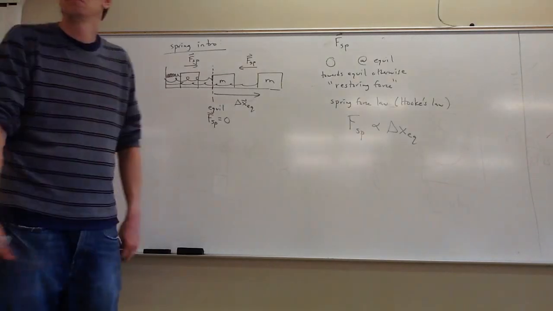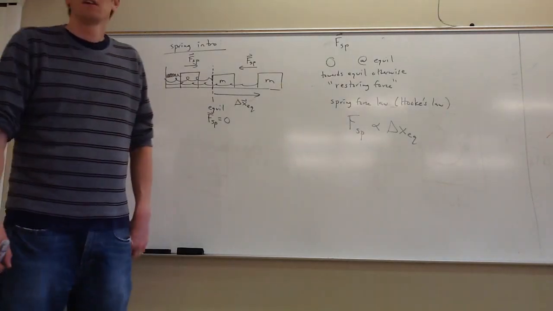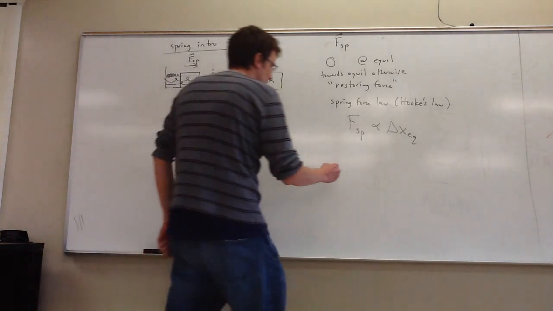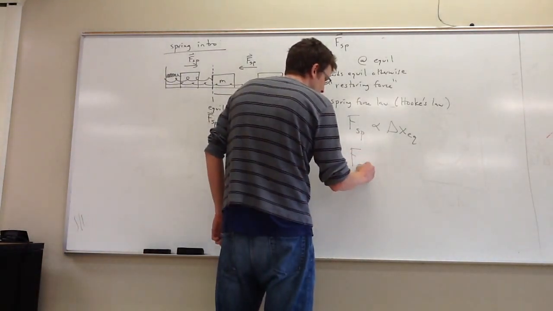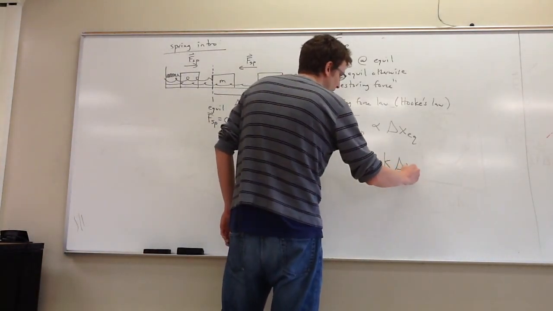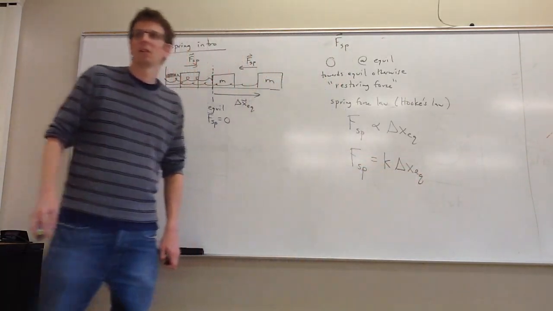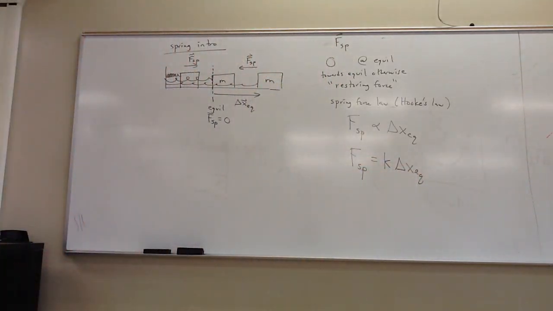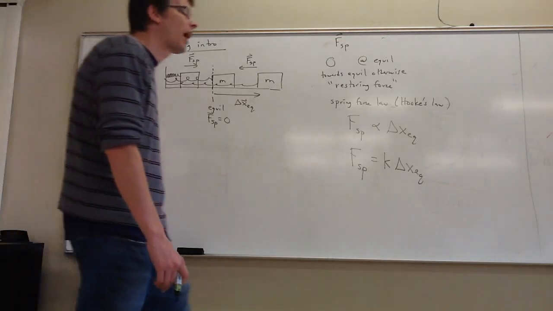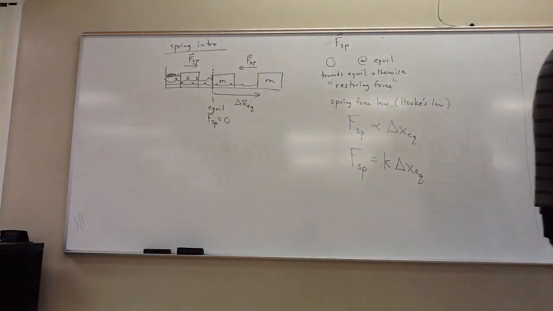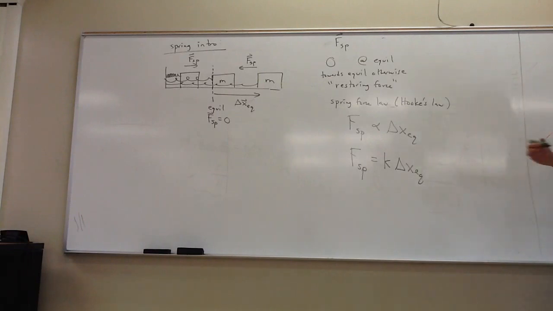And to complete the equation, we put in a variable k. And the k is what's meant to describe the fact that obviously not every spring is exactly identical. Okay, so k is called the spring constant. It's the "stiffness" of your spring.